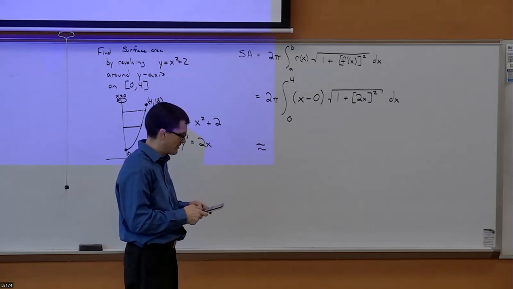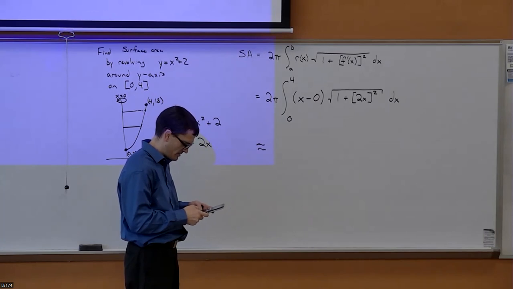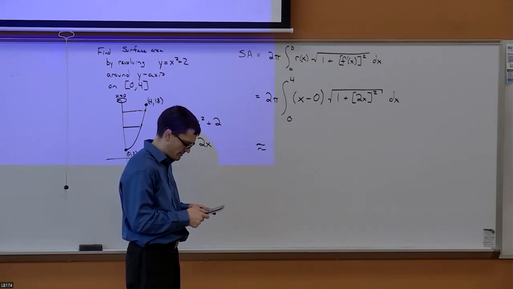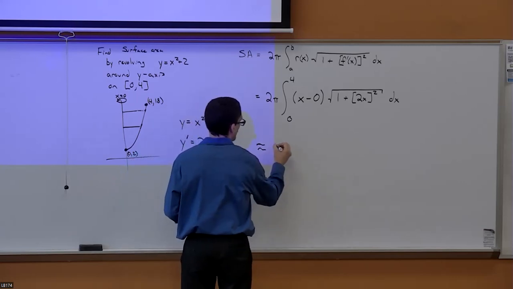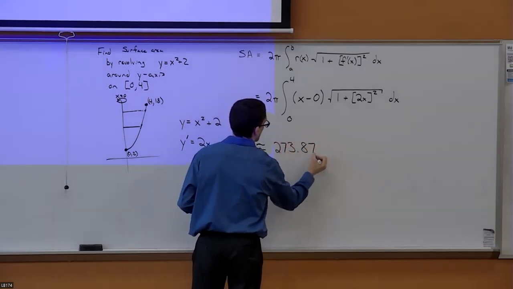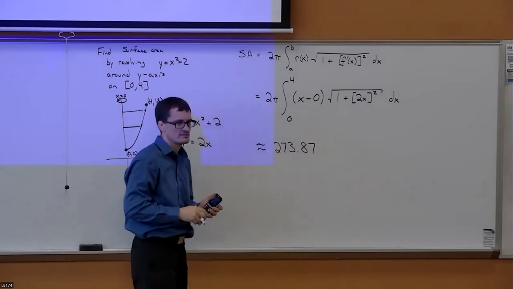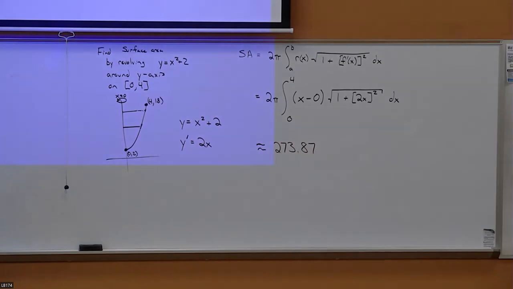And we just got x minus 0 times the square root of 1 plus 2x quantity squared. And sure enough, I got the same answer of 273.87. Approximate. I should say it's the same answer out to all the decimals that my calculator gave me.